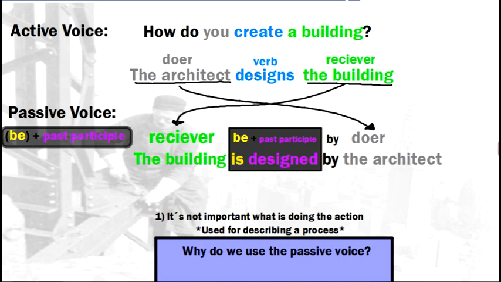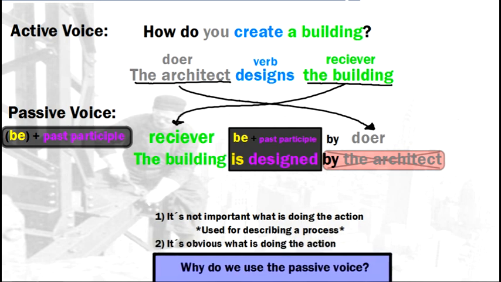Who is building the building is not important. I just want to talk about the building. So if I say this in the passive voice, the building is designed. Now, I don't necessarily need to talk about who is doing it, okay? Because that's not the important part of my sentence. The important part is the process.